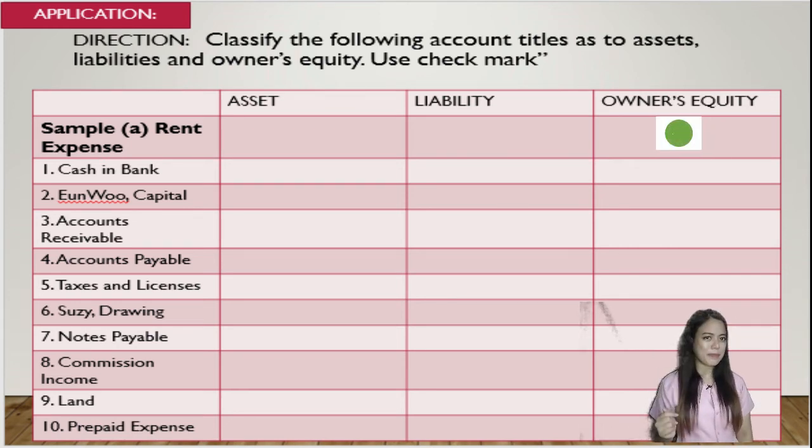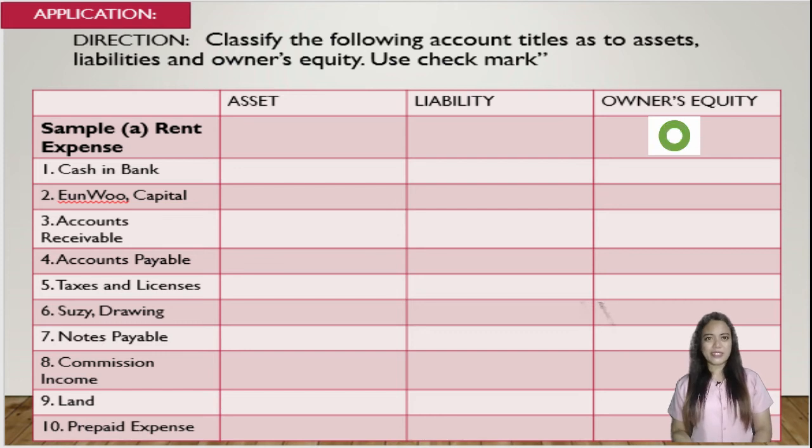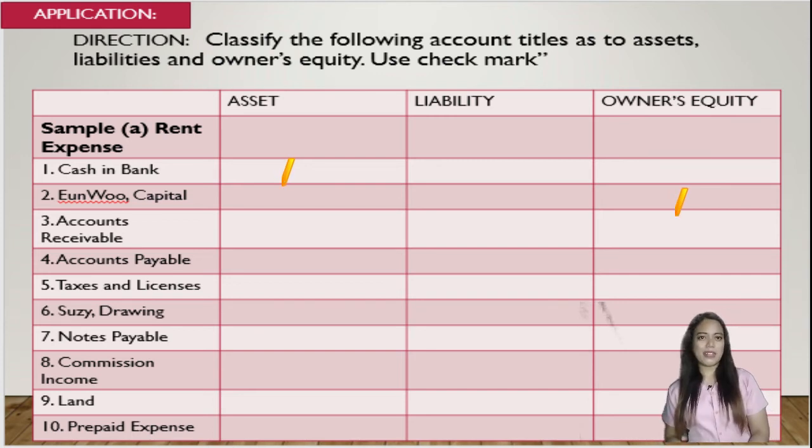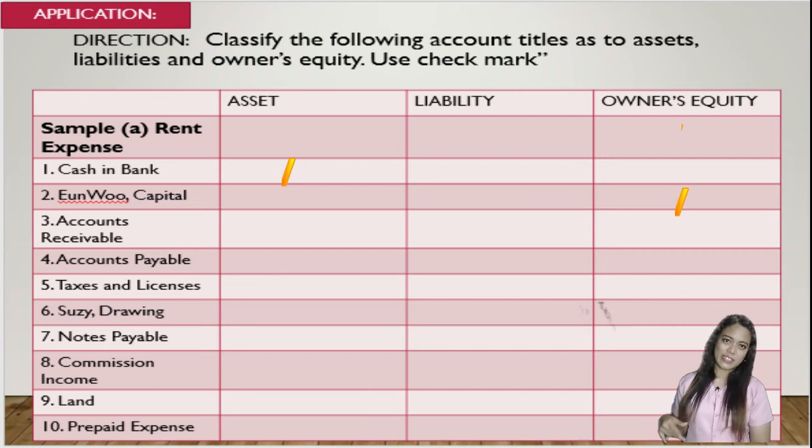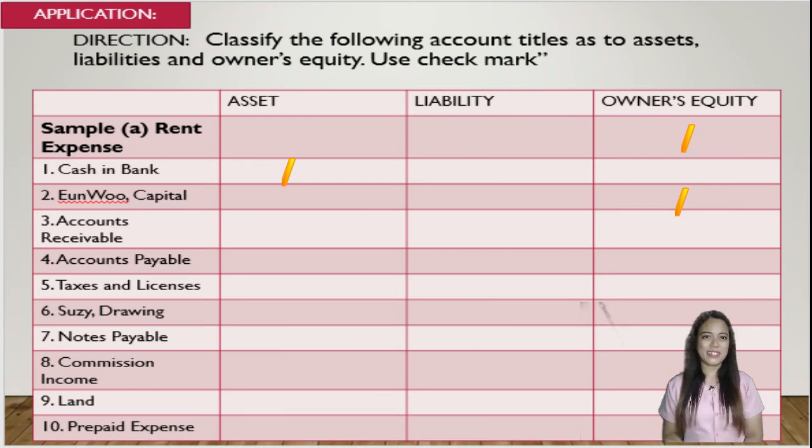Okay, time is up. We will check your answers. For number 1, cash in bank, it falls under assets. Capital is under the owner's equity. Accounts receivable falls under the asset accounts.